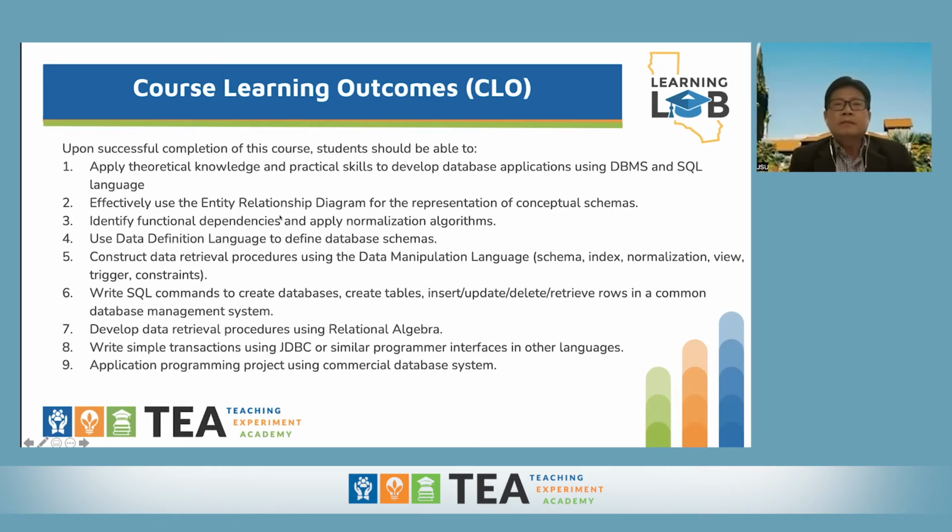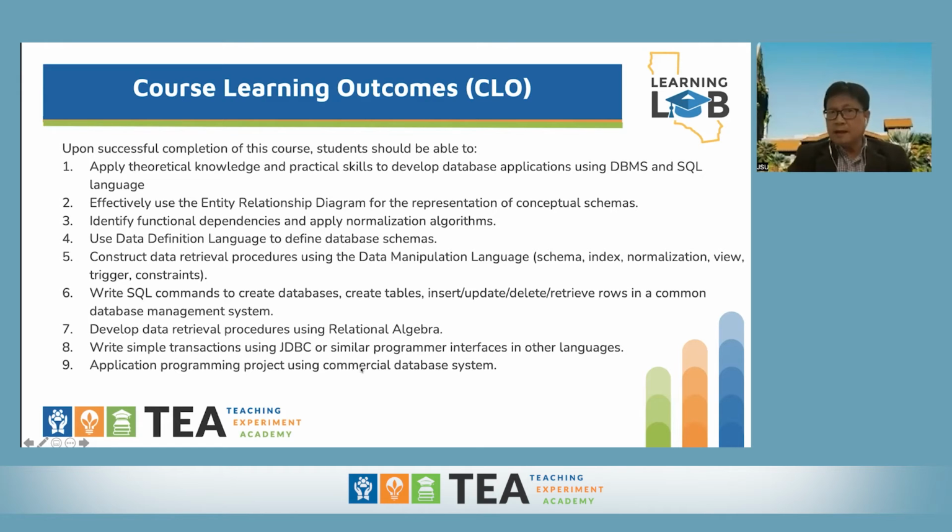We have 9 course learning outcomes for students in this course, starting from theoretical knowledge, practical skills, then entity relationship, which is part of design, up to the SQL programming language, and then the application program project.